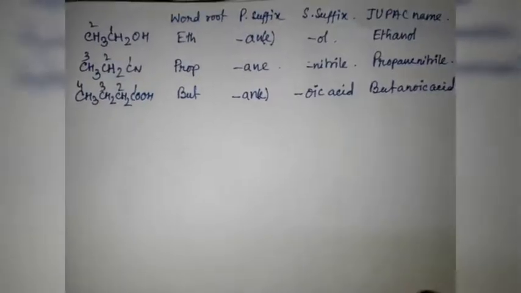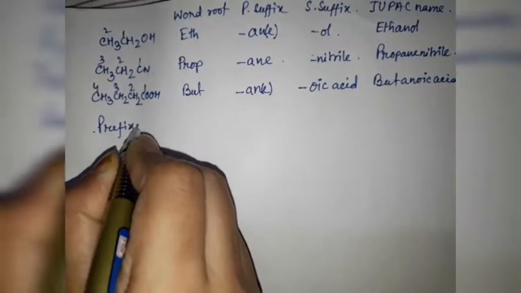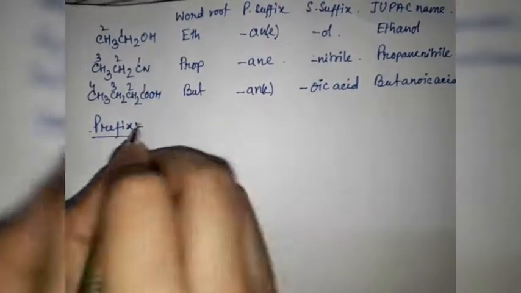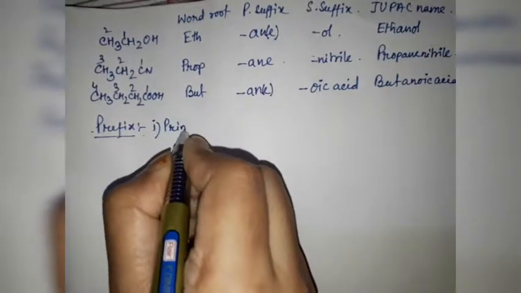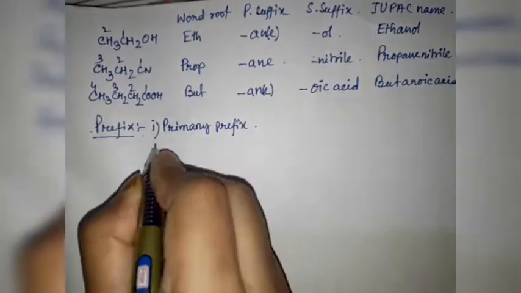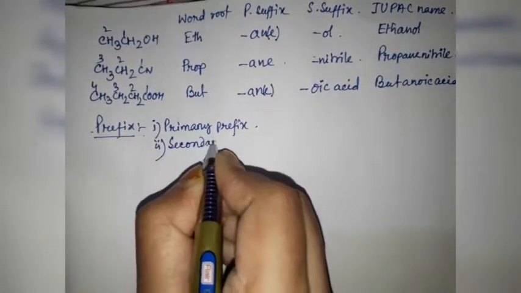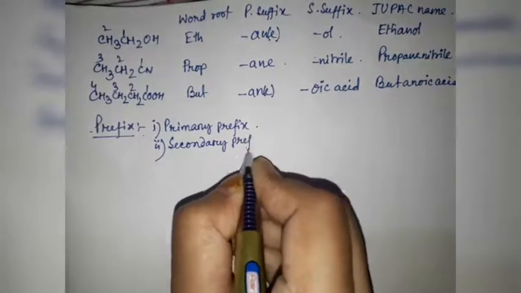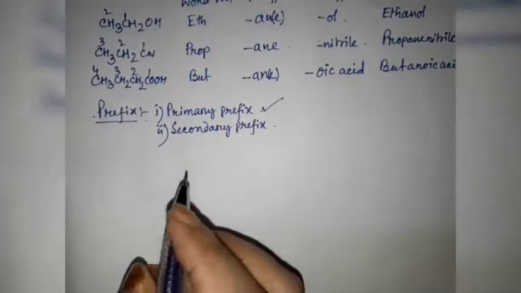Okay, now we will talk about prefix. So prefixes are also of two types. One is primary prefix, another one is secondary prefix. Clear? So now we will talk about primary prefix.